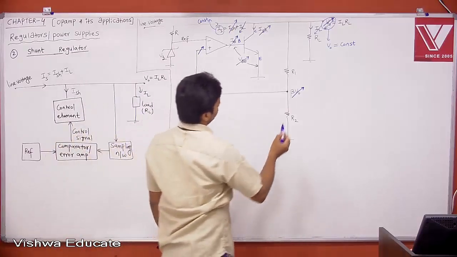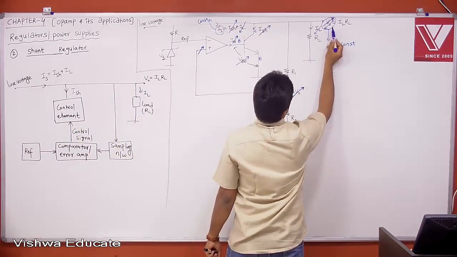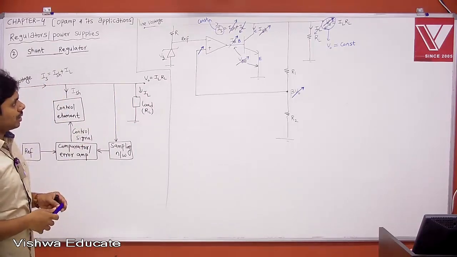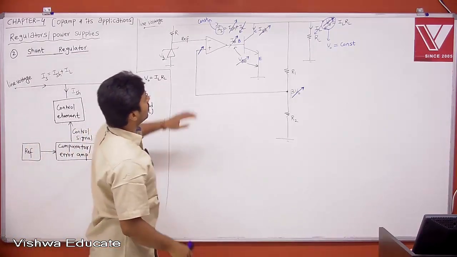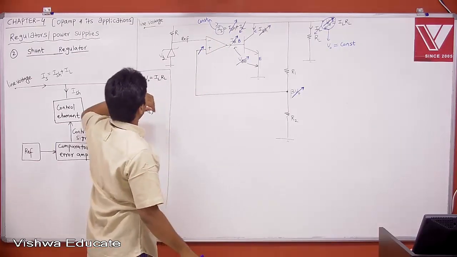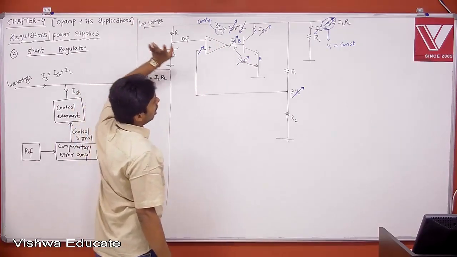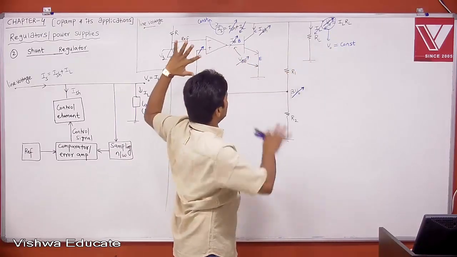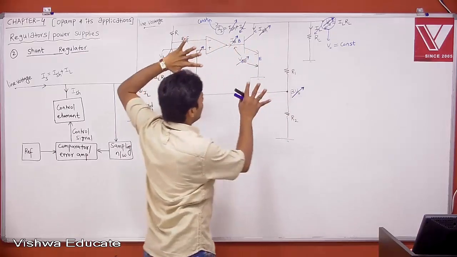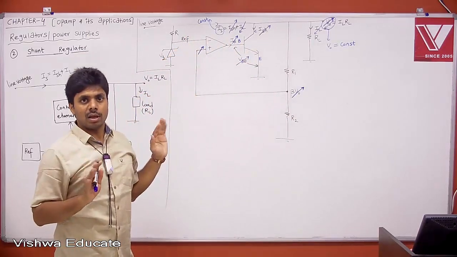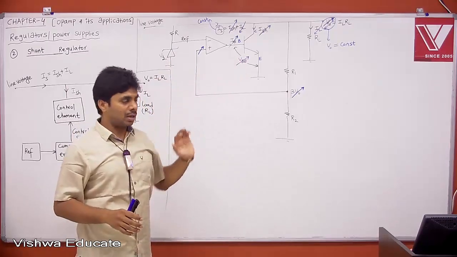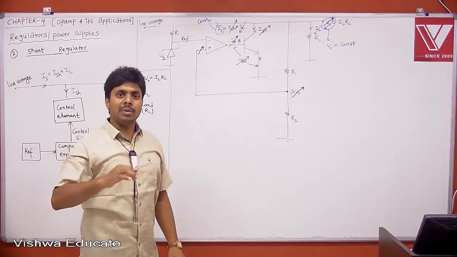Whatever I explained here, you may have a doubt: how can you say IS is constant? Remember, line voltage variation or load variation, internal disturbance, ultimately changes V0.